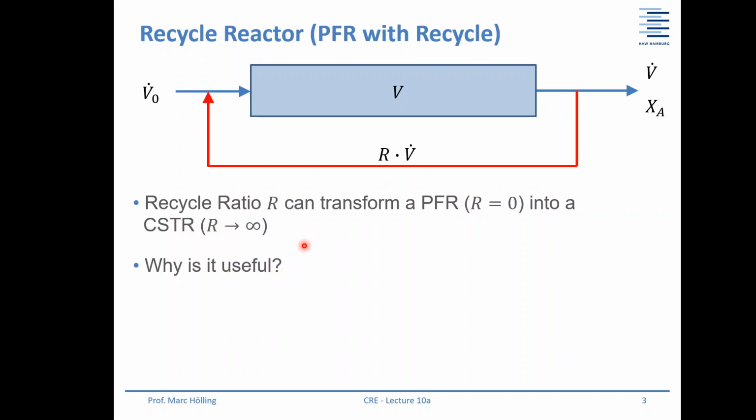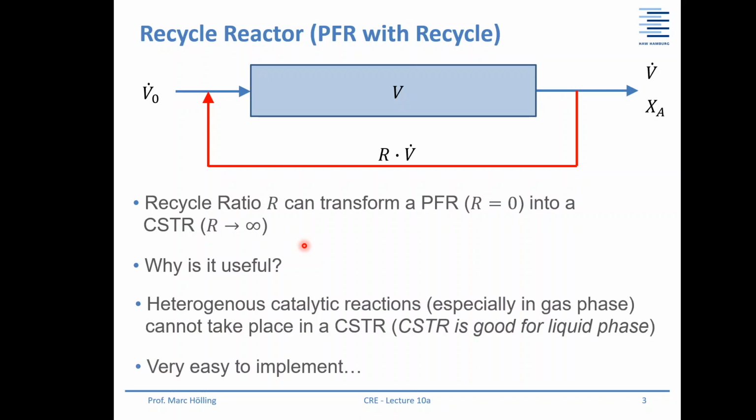If you remember how a continuously stirred tank reactor works, it's a big tank and you have a mixer in it. If you now look at heterogeneous catalytic reactions, where you have a solid material as a catalyst, then it's really difficult to mix it very well.